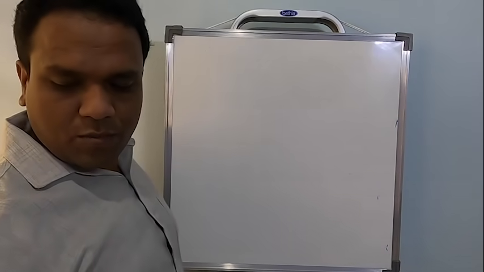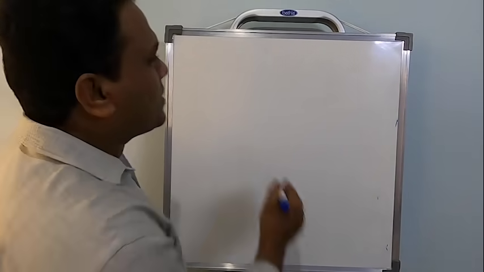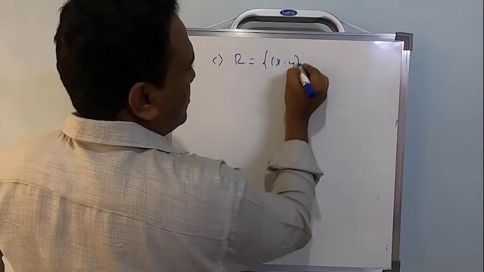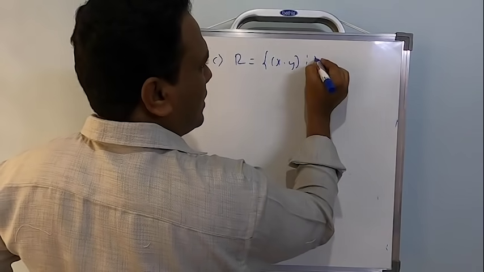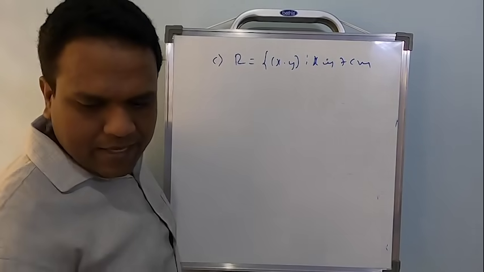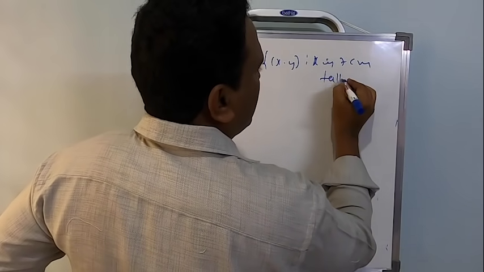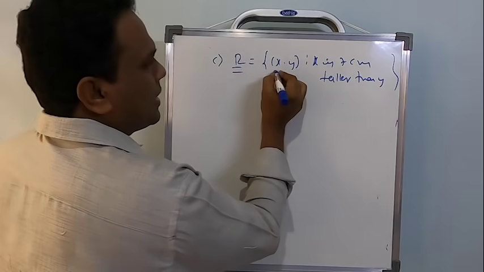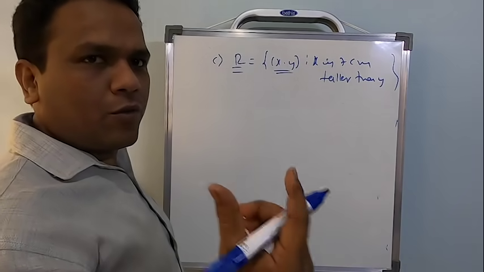Now let's go to the third problem under this, and the third problem is an interesting one. The relation is x comma y such that x is exactly 7 centimeter taller than y. So the relation R will contain an ordered pair of 2 persons.